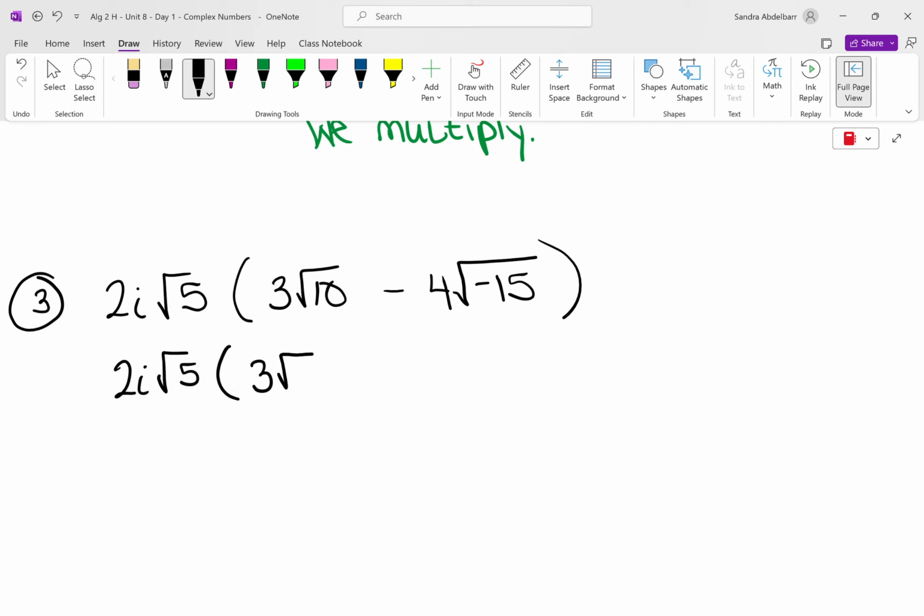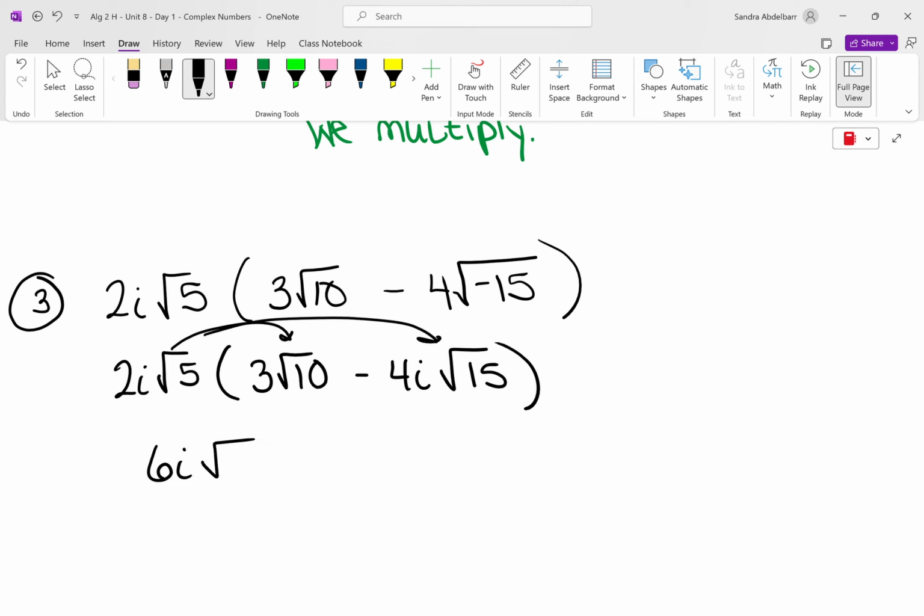Fix the negative under the radical. So we are 2i root 5 and then 3 root 10 minus 4i root 15. Now can I distribute? Absolutely. So we're going to have 6i root 50 minus 8i squared root 75.